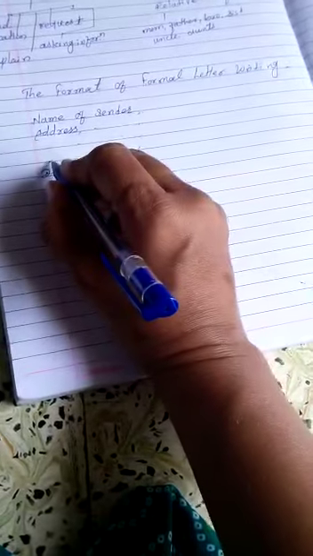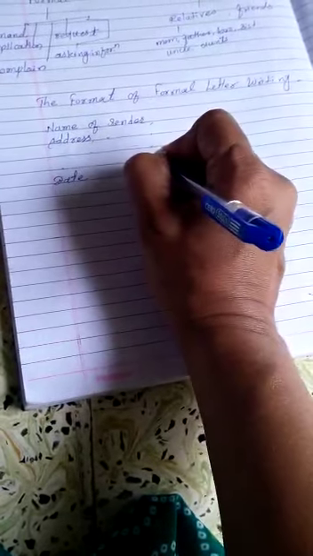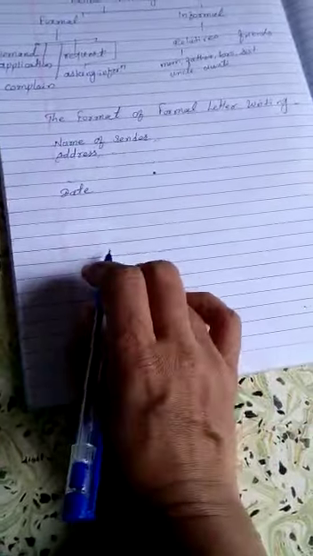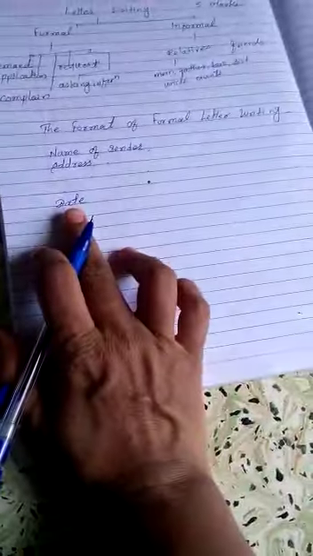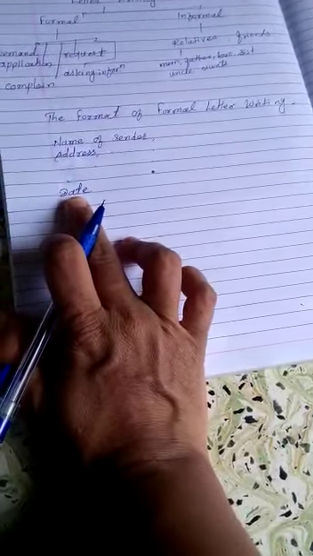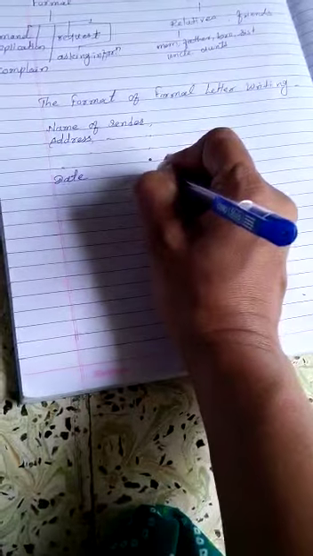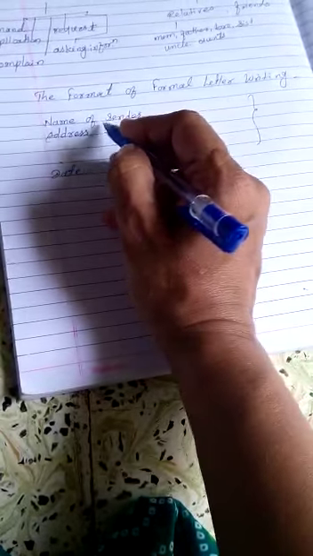Here after giving the name of city you have to give full stop. Here the address is completed. Now in the next line you are going to write the date. Then again full stop. It carries name of the sender, address and date. It carries half mark.